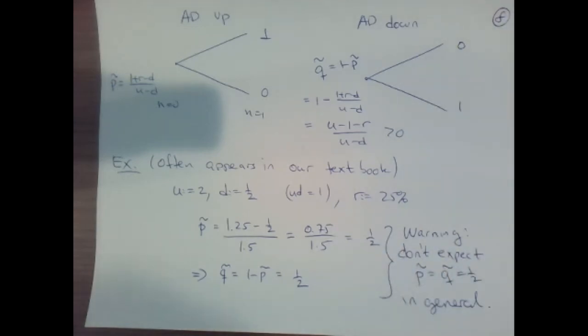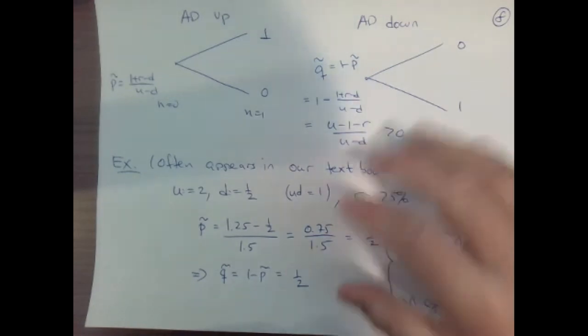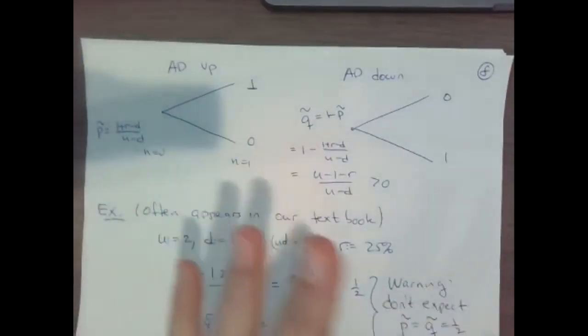Professor? Yes. I have a quick question. I'm a little confused by the Q tilde and why 0 and 1 are being flipped in the AD down. Well, because these are two different things.